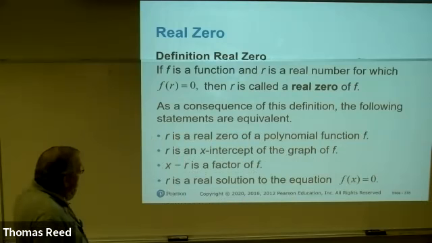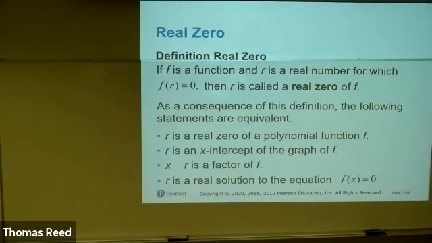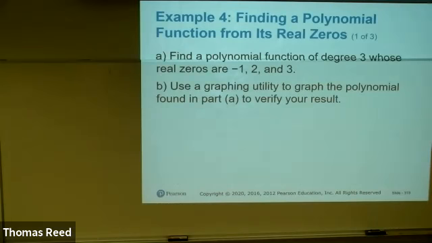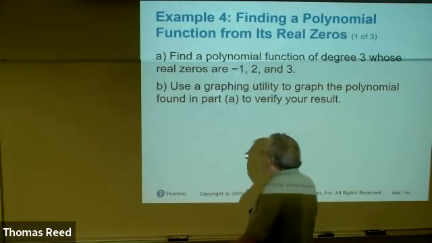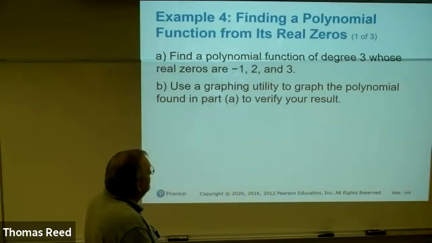So like on this, here, we're told what the zeros of a 3rd degree function are. All right, I have a 3rd degree function. That means I can have at most 3 zeros. Well, here I have 3 zeros.